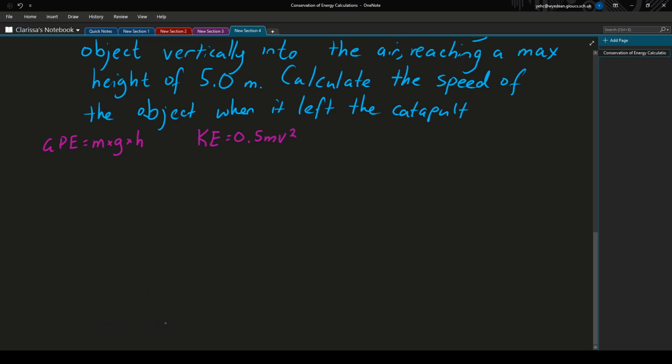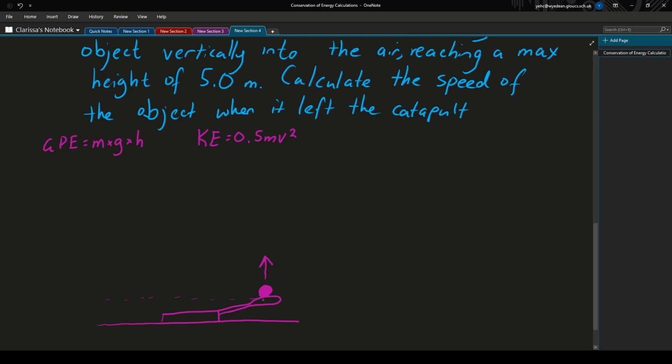I'm actually going to draw the catapult this time. Okay, this is going to be launched upwards.